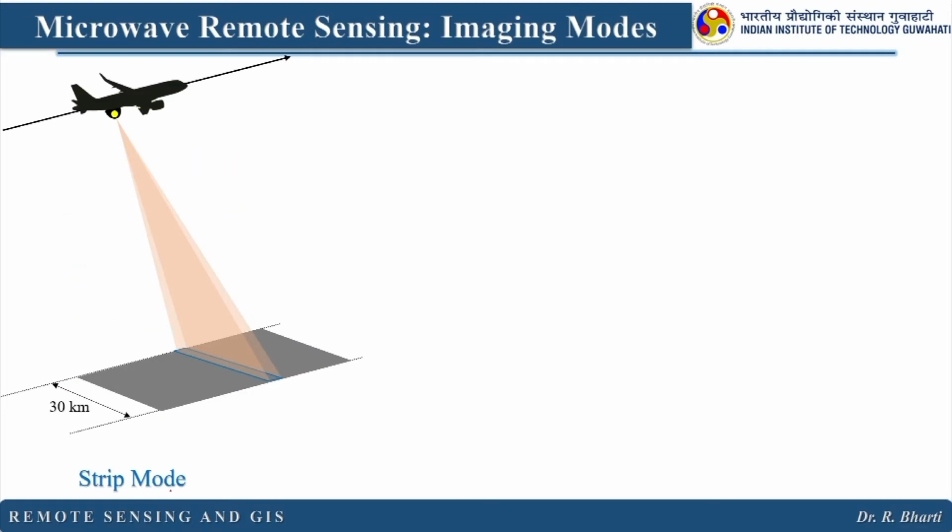In the first one, strip mode, you can see this particular flight is carrying an active remote sensing sensor which is illuminating this particular surface, and it is sensing this area in strips. So, first a strip will be generated, then the next, and so on, and subsequently using these strips the image will be formulated, right.